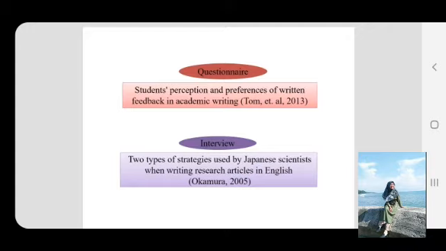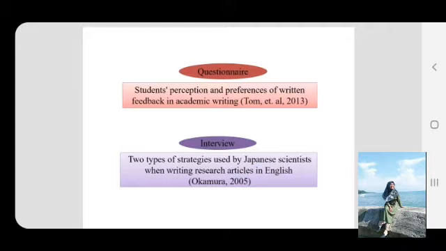And the next slide is I provide 2 articles that use questionnaire and interview to collect the data. The first article is entitled Students' Perception and Preferences of Written Feedback in Academic Writing from Tom Morney Joe in 2013.